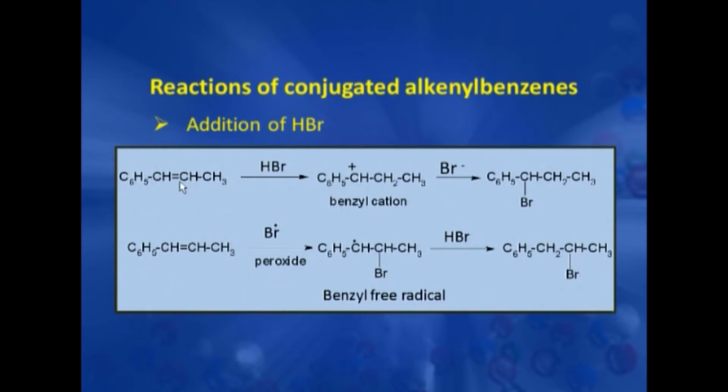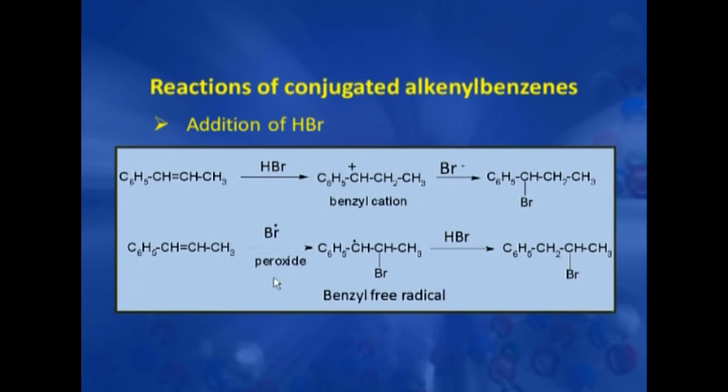H plus can add to this carbon or this carbon, but it was observed that hydrogen goes to this carbon, and due to this we get the benzyl cation, because this benzyl cation is more stable. This positive charge is in conjugation with the benzene ring, so it gets stabilized more, and then attack of a nucleophile gives this bromo substitution.